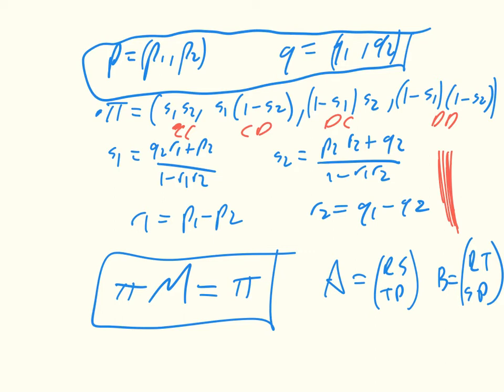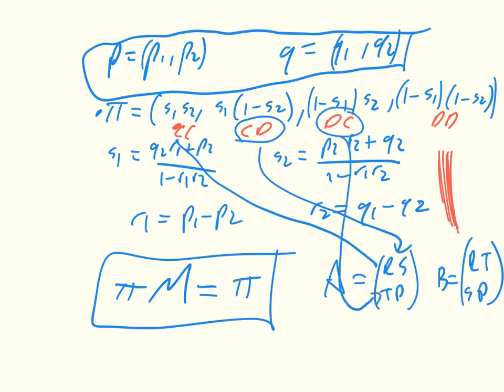And so we can write down the utility to the first player simply based on those probabilities. So we know they're going to get R, so we're mapping the first letter for the first player, S1, S2 of the time. When we're in CD, the first player gets S, because the other player takes advantage of them. DC, the first player gets the temptation, and then DD, we get that.